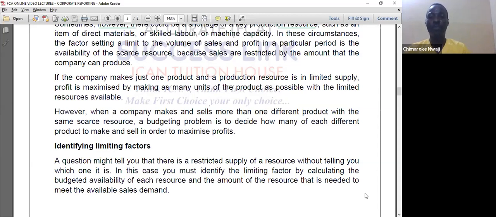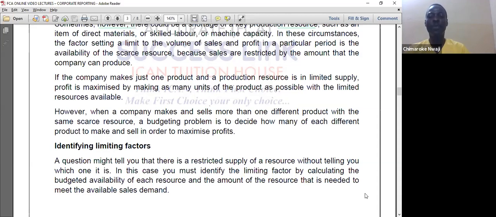So you have to calculate to find out which is the bottleneck or the limiting factor. Sometimes a question will just go ahead and tell you labor is the limiting factor, or material A or material B is the limiting factor. If that is given to you, that makes life easy for you. It means you have identified the limiting factor.